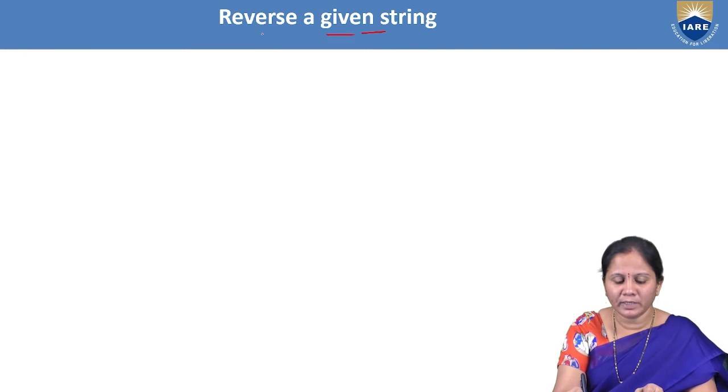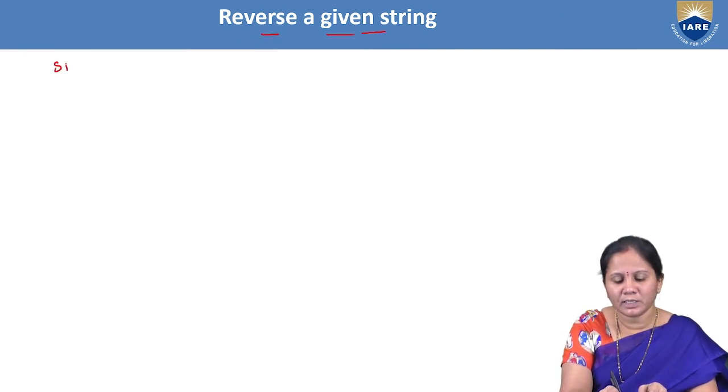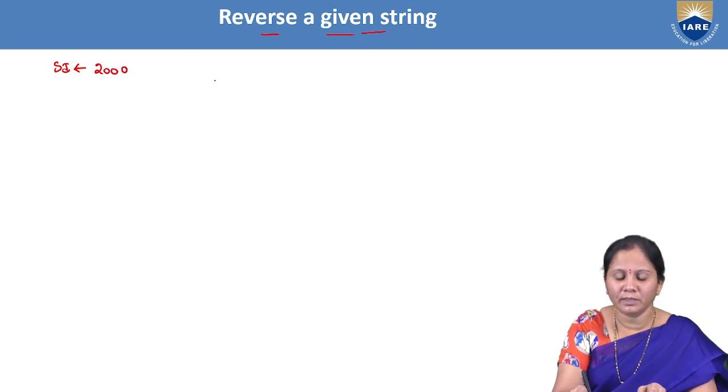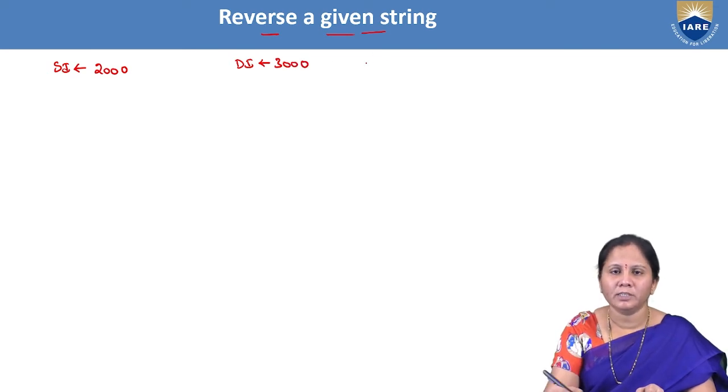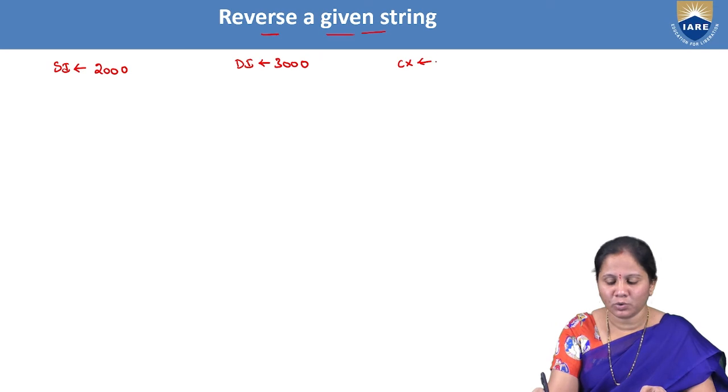For example, consider the SI register with a value 2000 and the DI register with a value 3000. And since we have to take a string, we should say how many inputs we are going to consider in that string. Here the number of inputs is 8, and since we have taken CX, we have to represent it with a 16-bit number.